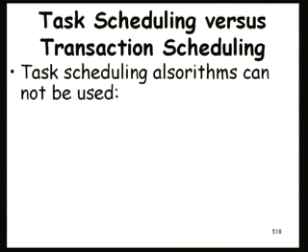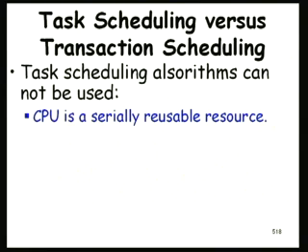Now, let us try to understand one very fundamental question: how is transaction scheduling different from task scheduling? One thing is that the task scheduling algorithms are very different compared to the transaction scheduling algorithms. One major difference is that the CPU is a serially reusable resource.